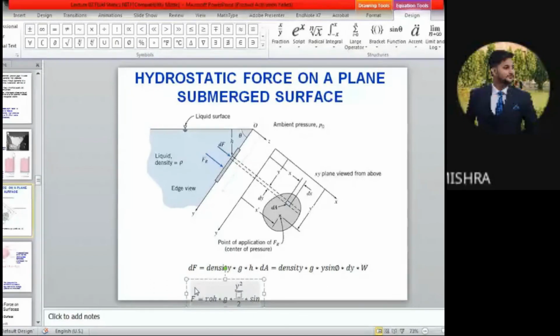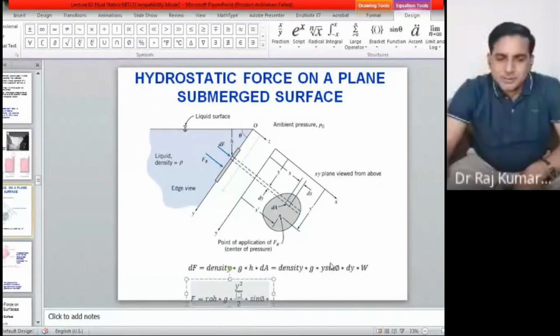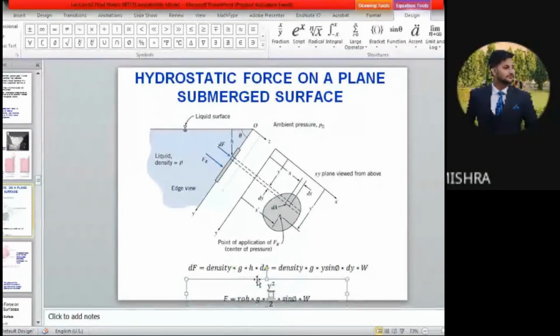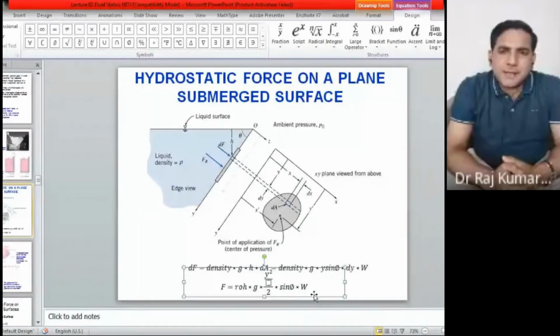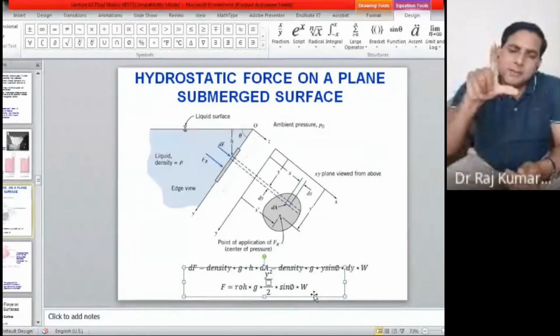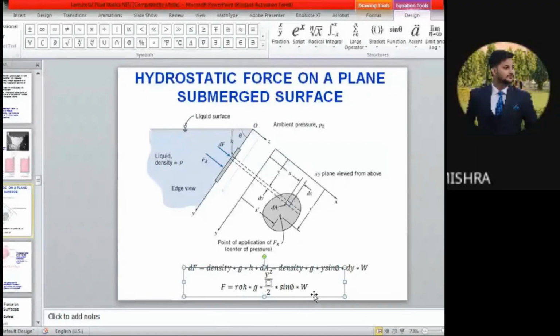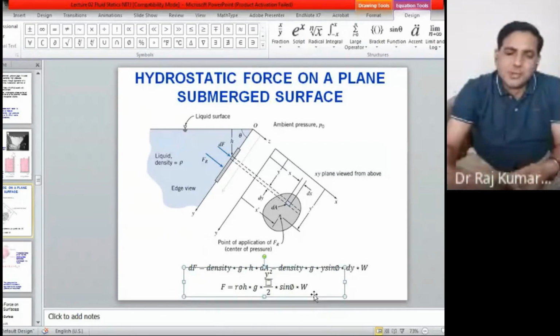Into w. So this is your force expression. Yes or no? How much is y? What is the full length of the gate? What limit will you take? 0 to L. Yes, sir. The limit is 0 to L.